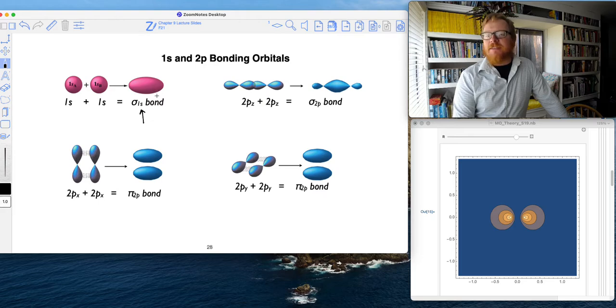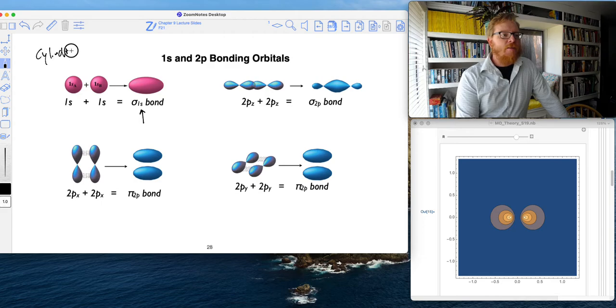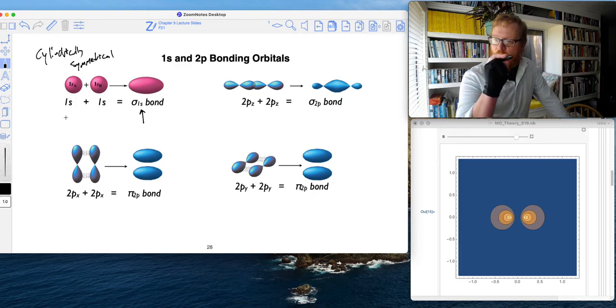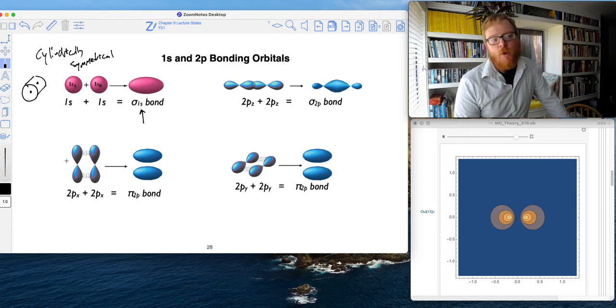What makes this a sigma bond is that it is cylindrically symmetrical about the internuclear axis. So if I were to look down that axis, it would look like a cylinder, where there's one nucleus and there's one nucleus.